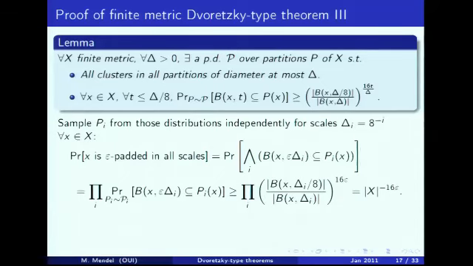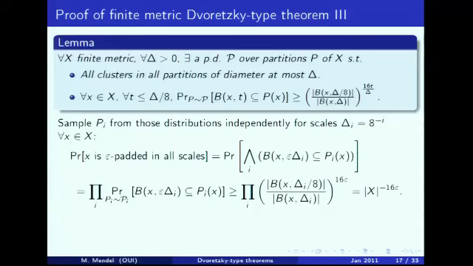The probability that the point x is epsilon delta_i padded in its partition in the i-th scale. Because of the stochastic independence of the partitions, this is the product, and fortunately, this is a telescopic product in which you have in the numerator the singleton, in the denominator the whole space, which has size n.